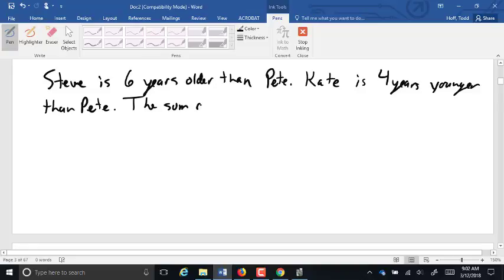The sum of their ages is 29 years. Find their ages.